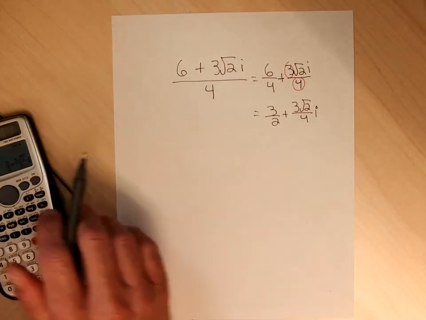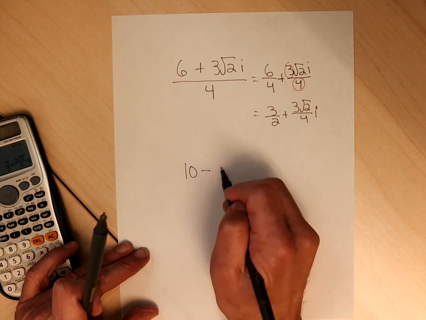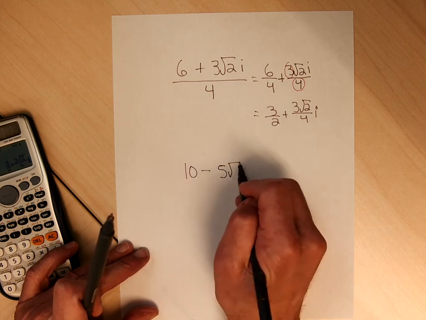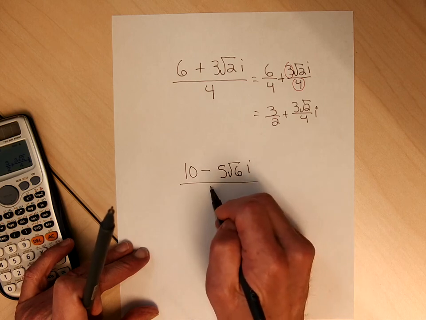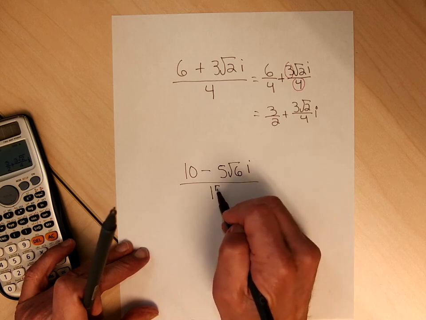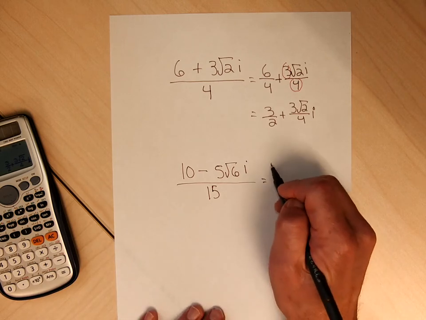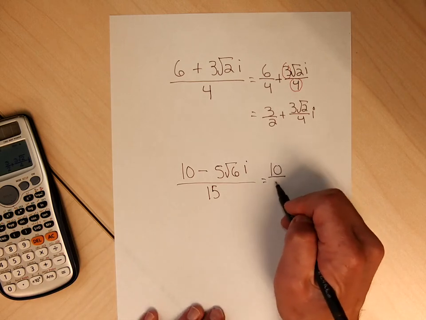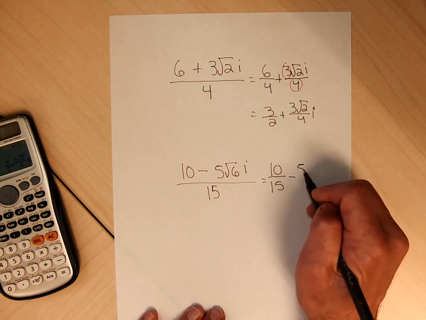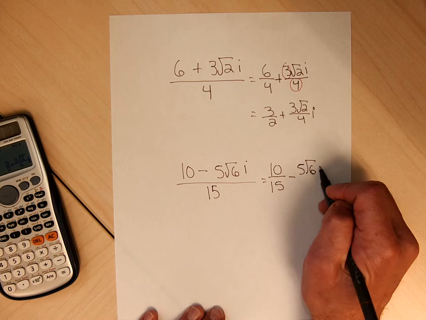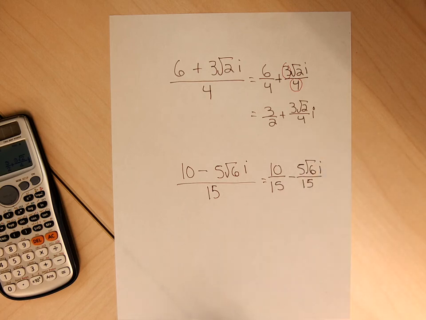So in the world of square roots, like if I had 10 minus 5 square root of 6i over 14, or how about over 15, my calculator would do this. It would say it has an i, so automatically I want to make two fractions. Without an i and there's a square root in the numerator, it only wants one fraction. Now it's going to reduce this.